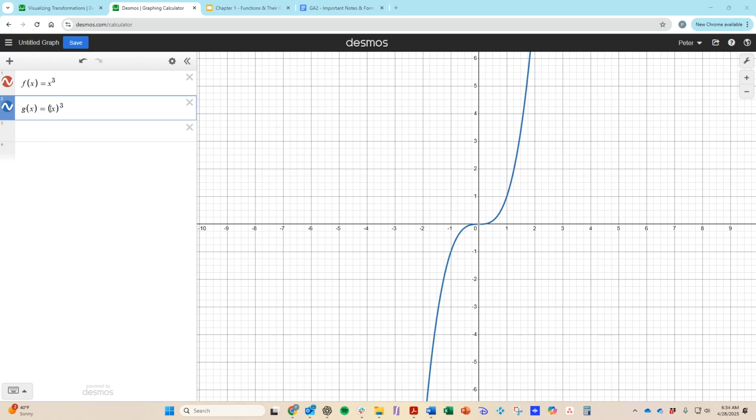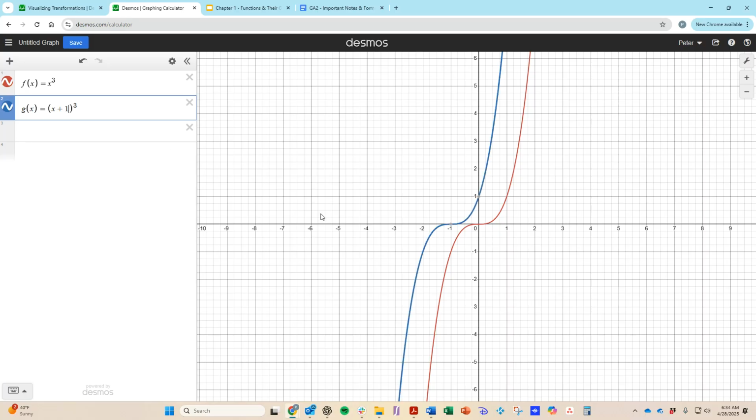All right, now a horizontal shift, what happens is you do something to the inside of the function. Wherever x is, whatever operation is happening with the x, so here we're cubing x, if you do something inside of that cube, or whatever the operation is, that will have a horizontal effect. So let me add 1 inside here, and let's see what happens. Think about what would happen, and let's see if you're right.